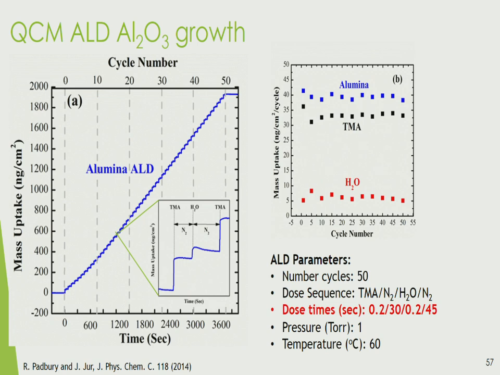That's very evident that you have atomic layer deposition going on. And then you have this is the different mass gains at each one of those cycles as you go from 0 cycles all the way up to 50. So it's consistent throughout. Okay, so this is what regular QCM data looks like on aluminum oxide.